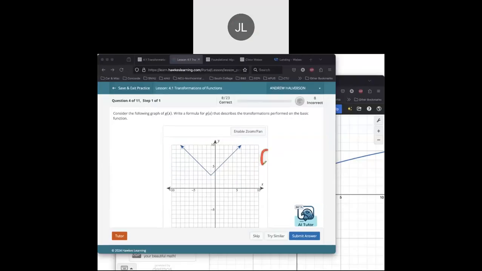The design part, isn't that the vertex, the V? Wait, hold on, I have it drawn somewhere. Yeah, let me go ahead and give you the answer. The base function is absolute value.